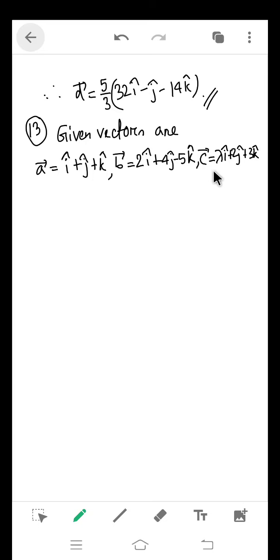I think this is not clear, so let me cut this. C को हम काट देते हैं यहाँ से. नेक्स्ट लाइन में लिखते हैं. And c equal to lambda i plus 2j plus 3k.